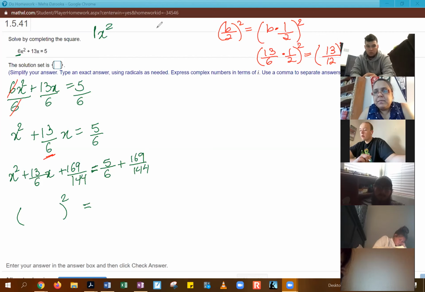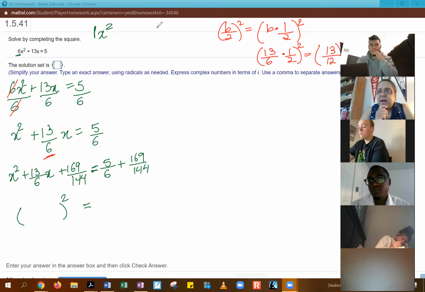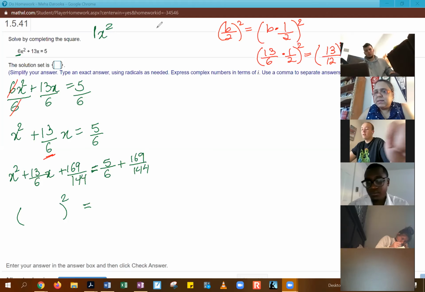Is it 24? 24 would be too small, right, for 144? Would it be 12? It's got to be large enough that we can divide both 6 and 144 into that number. 144. Yeah, so you actually want to see if 6 goes evenly into 144. And I don't know if that's where you got the 24 from, Jacob? Yeah, that's where I got it from.